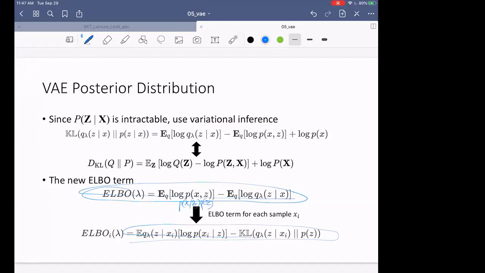And then you can separate these two terms, because there's a log term here. So the first term here becomes this here, and the second term EQ log PZ is combined with this term to derive your new KL divergence between QZ given X and PZ.